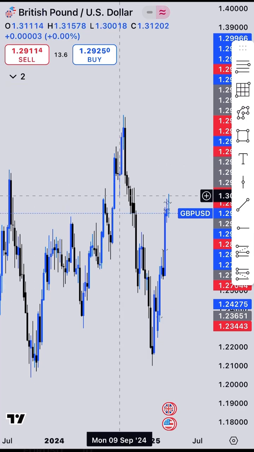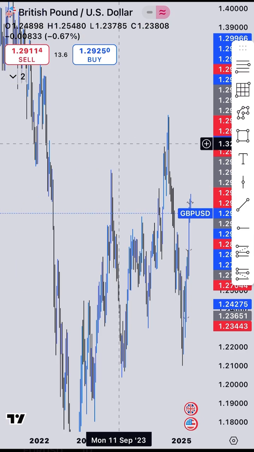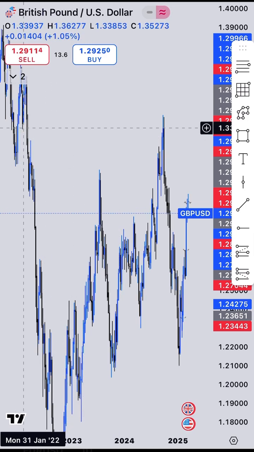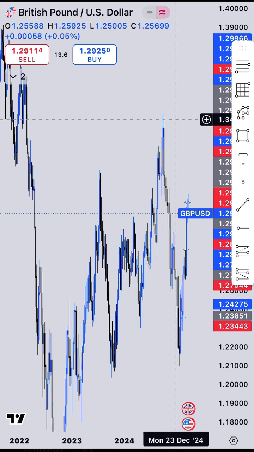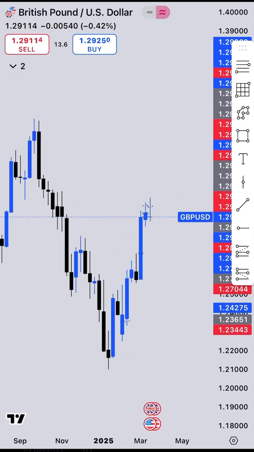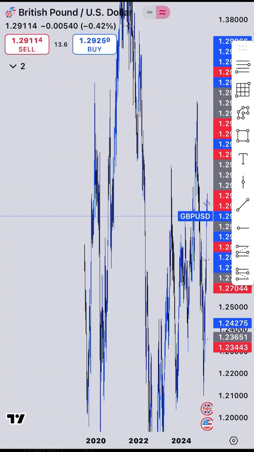After price took out this old high, price created this leg, then returned to fill this imbalance, then returned back to what? To mitigate this breaker block. Yes, to mitigate this mitigation block. Immediately price went to that level.